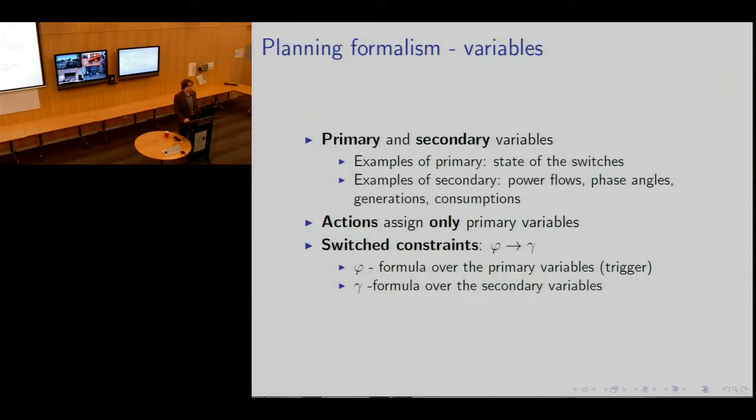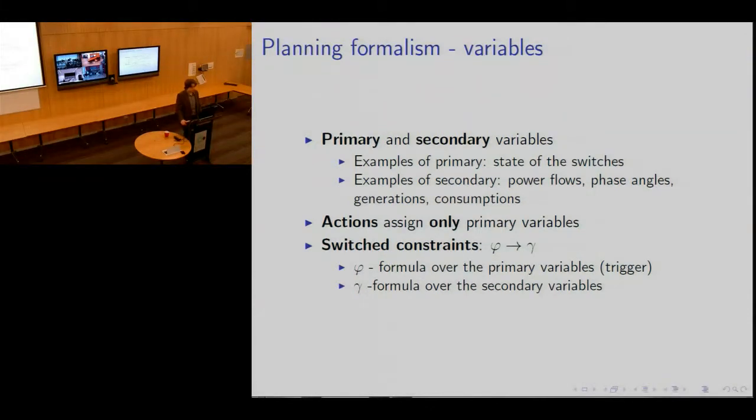States are defined as full valuations over the primary variables, and since actions are transitions from one state to another, action effects are defined as assigning new values to some subset of primary variables. In our power network problems, primary variables are states of the switches, and our actions simply involve opening and closing of the switches.